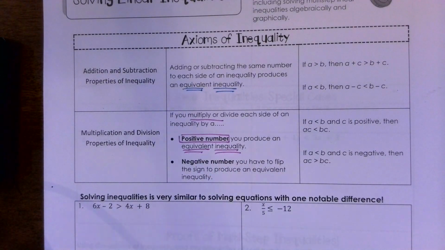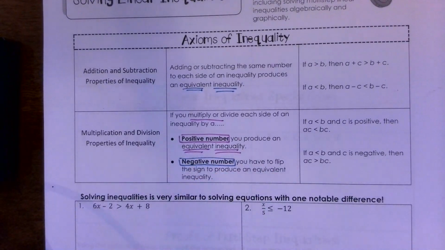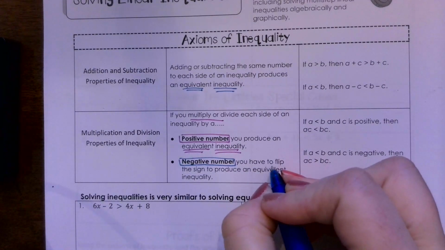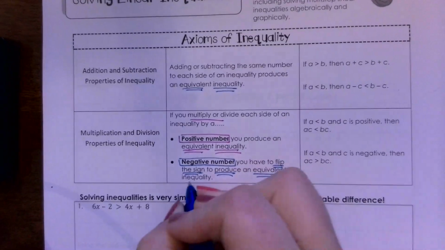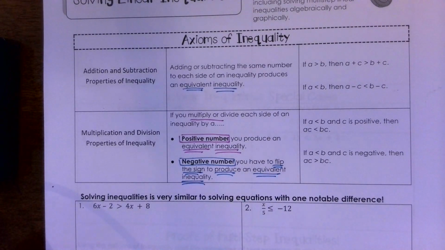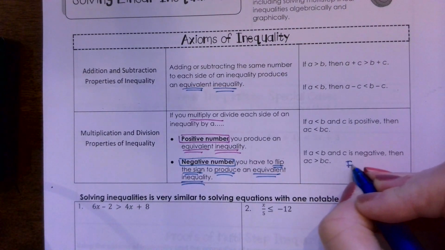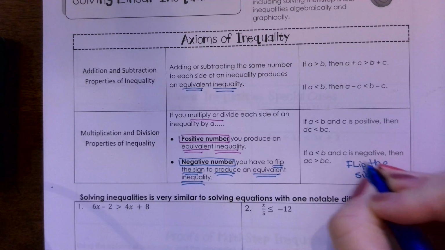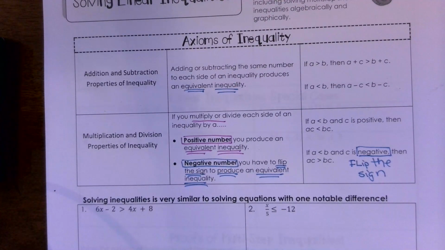However, if I multiply by a negative number, in order to have an equivalent inequality, I have to flip the sign to produce an equivalent inequality. So if you're multiplying by a negative number or dividing by a negative number, you flip the sign. And this should be familiar from either foundations or from pre-algebra.